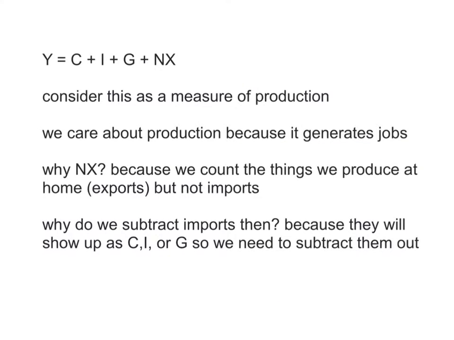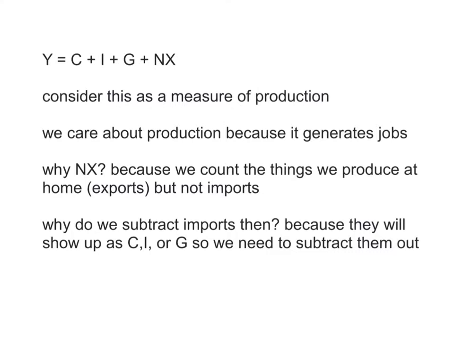So, as my notes explain in more detail, we will use as our primary measure of total production in the economy Y equals C plus I plus G plus NX, the classic equation you would have encountered in principles of macroeconomics. The first thing to understand is that we will interpret this equation as a measure of production.